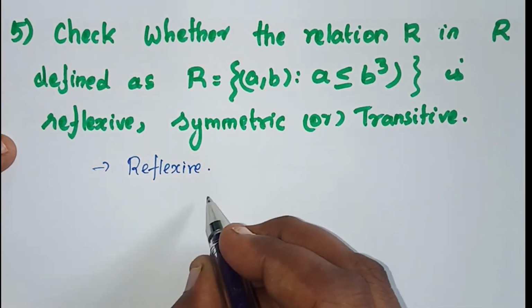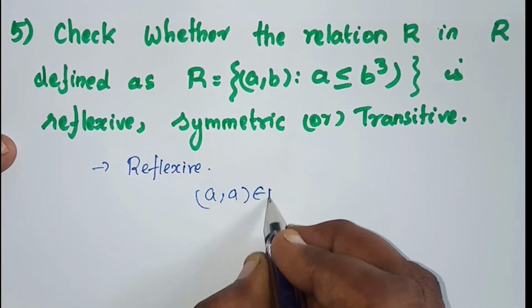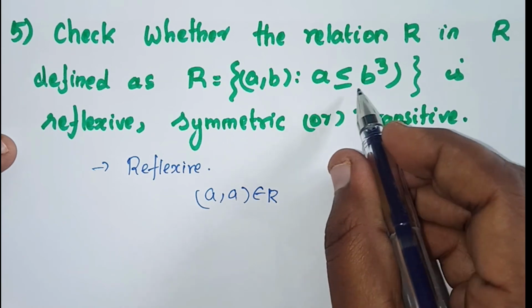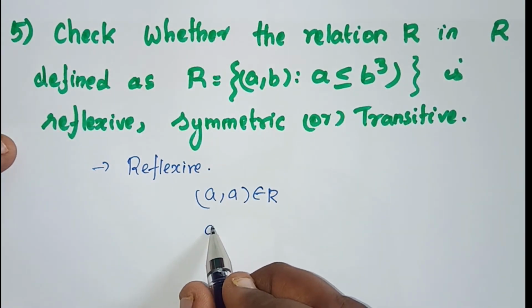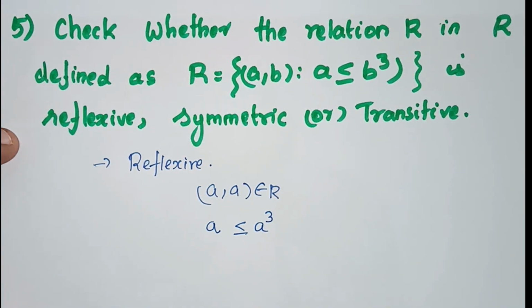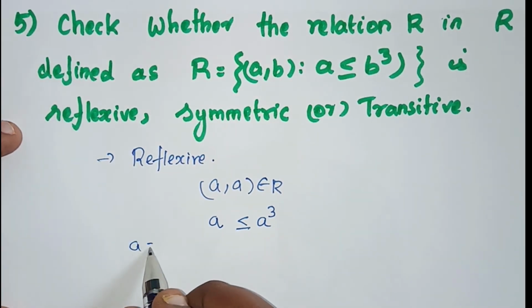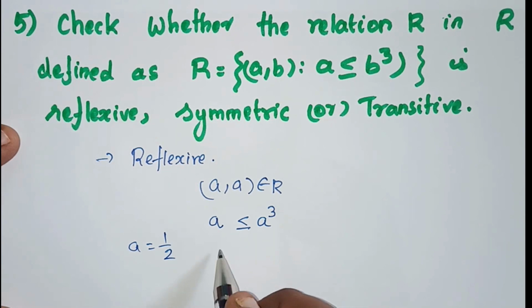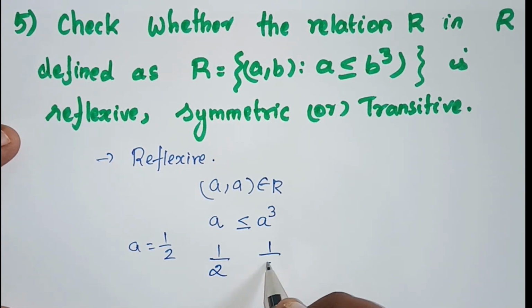Reflexive property means (A, A) belongs to the relation. In this relation it is given as A less than or equal to B cube. So A should be less than or equal to A cube, right? I will take one example. A is equal to 1 by 2. A cube means 1 by 2 the whole cube.